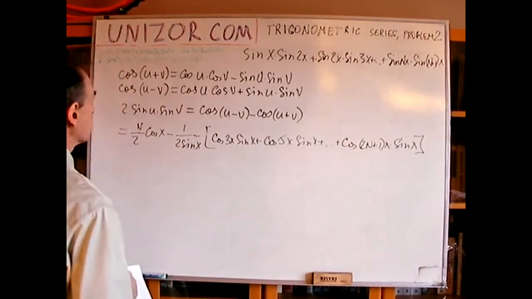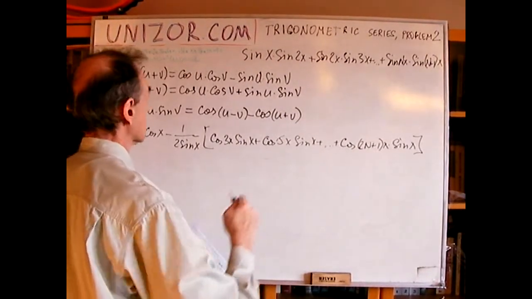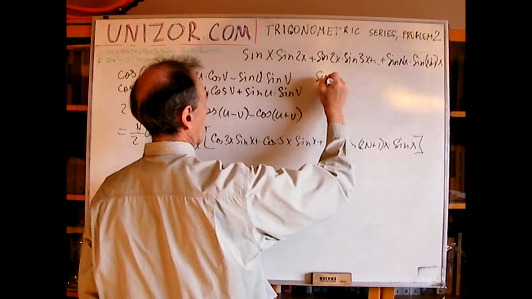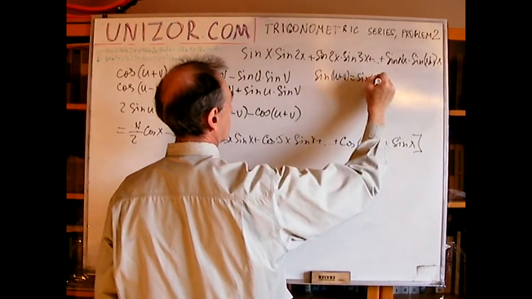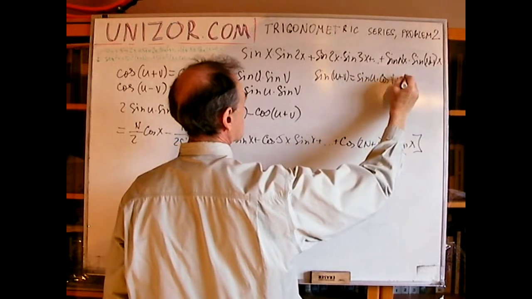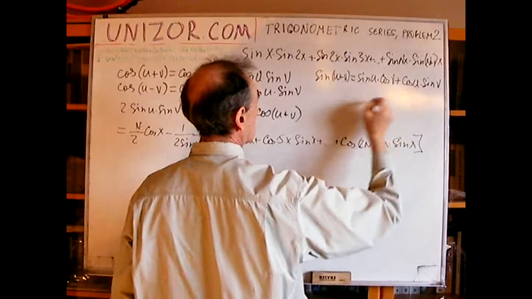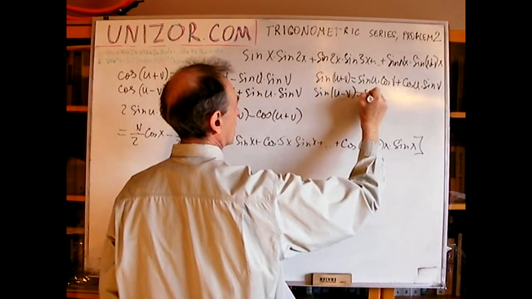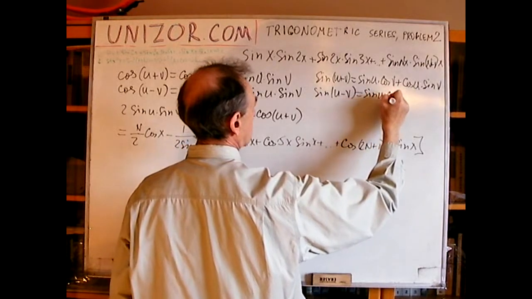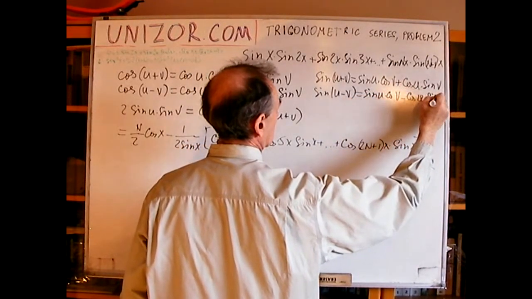So let's remember the formula for sines. Sine of u plus v equals sine u cosine v plus cosine u sine v, and sine of u minus v equals sine u cosine v minus cosine u sine v.